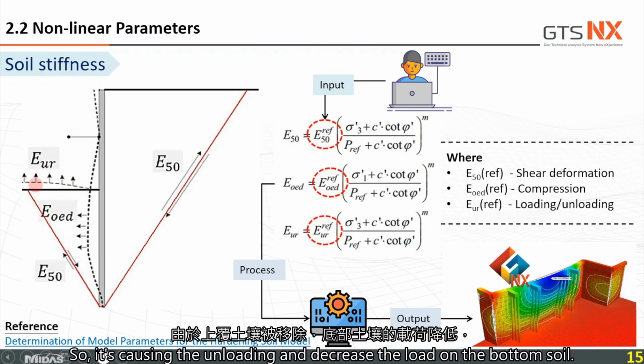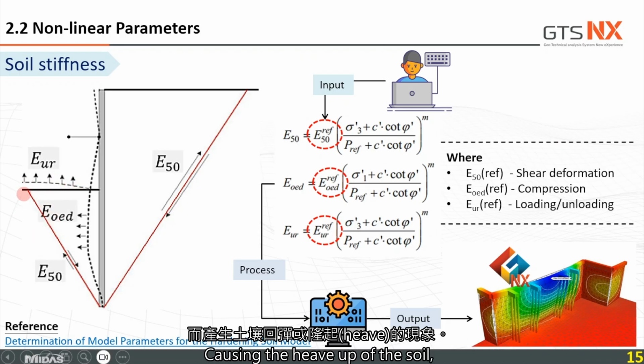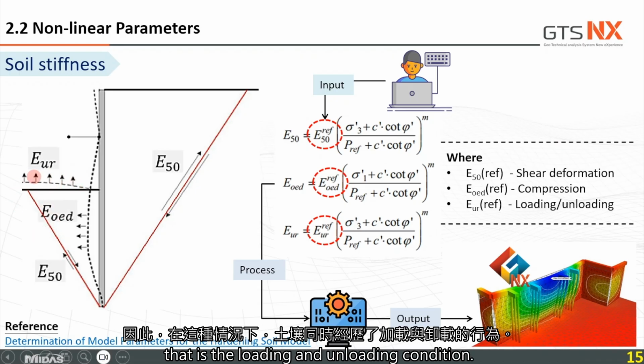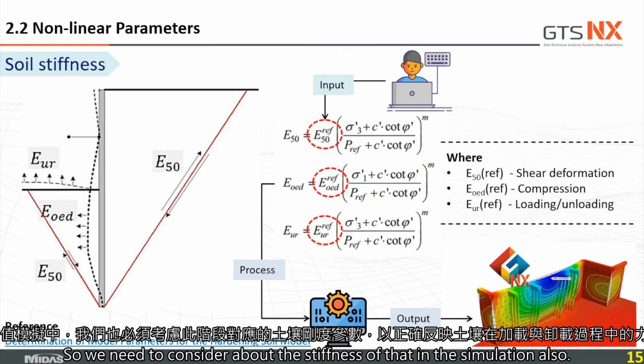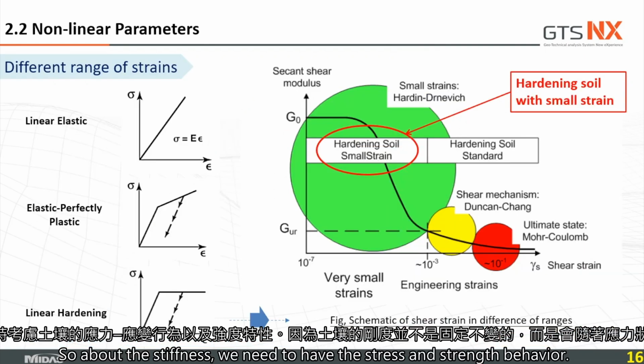So it's causing unloading and decreasing the load on the bottom soil, causing the heave up of the soil. That is the loading and unloading condition. So we need to consider the stiffness of that in the simulation also. So about the stiffness, we need to have the stress and strain behavior.